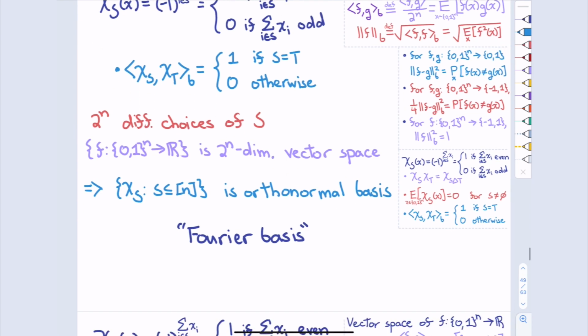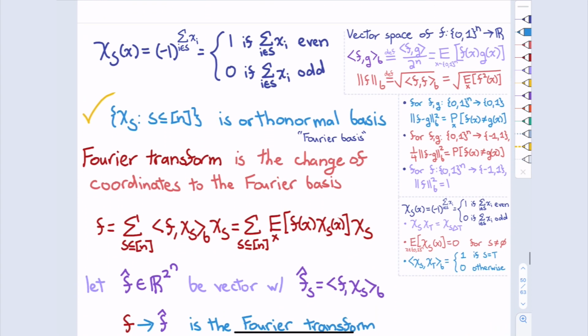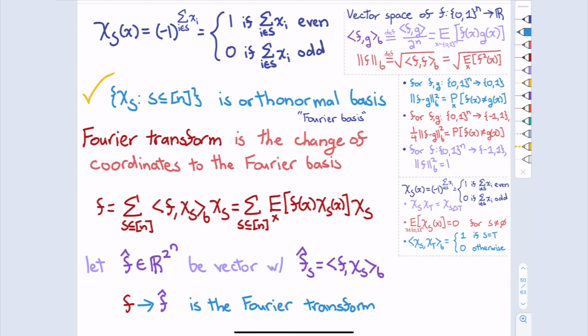So that's the Fourier basis. The so-called Fourier transform is just changing coordinates to this basis, just like you can with any orthonormal basis. So I can always write f in terms of the basis chi-s by taking the inner product of f with chi-s, times chi-s.